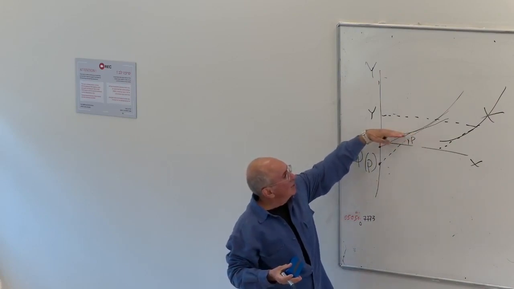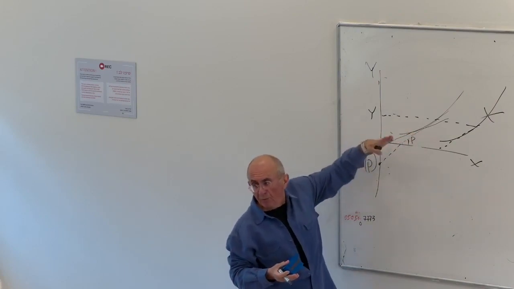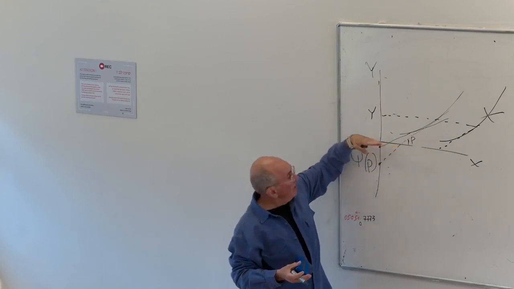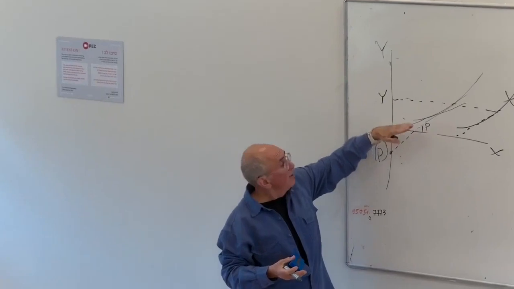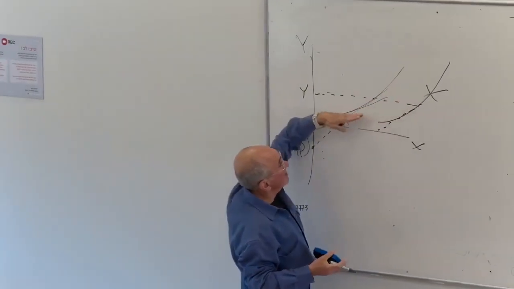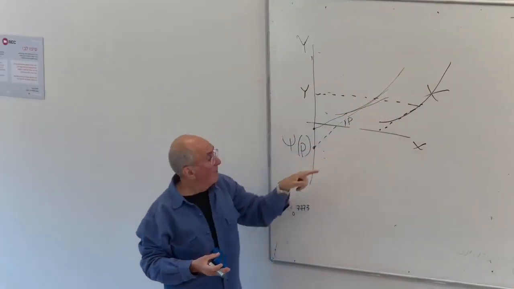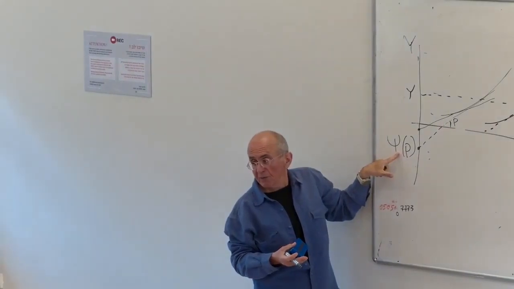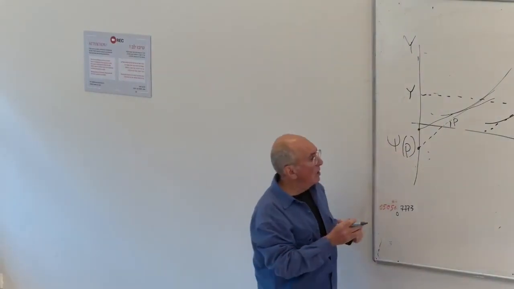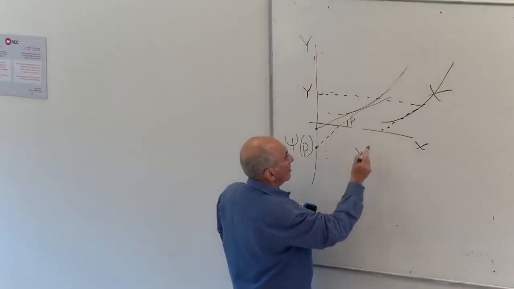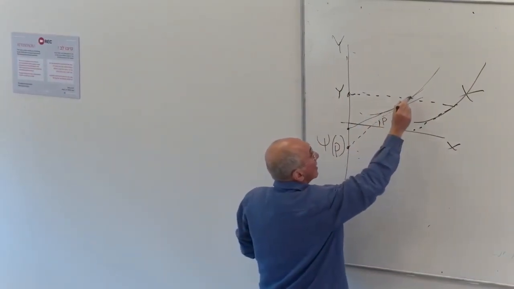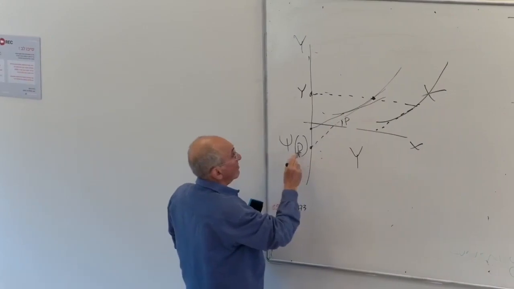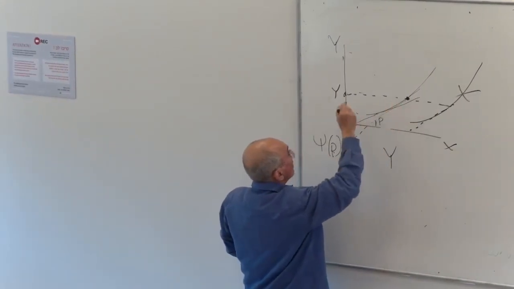Legendre treats this curve as an envelope of straight lines, right? So every straight line gives you this point. As you change the slope, you create this curve as an envelope of your straight lines, and you define it by the function psi of p. Okay? So that y, which is this, for a given p, this is my y.